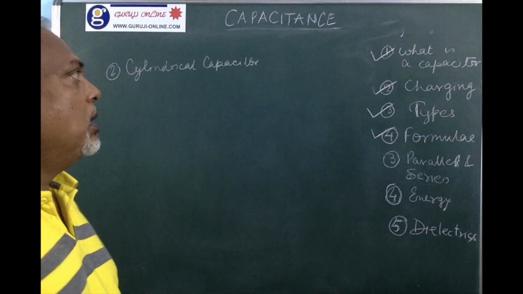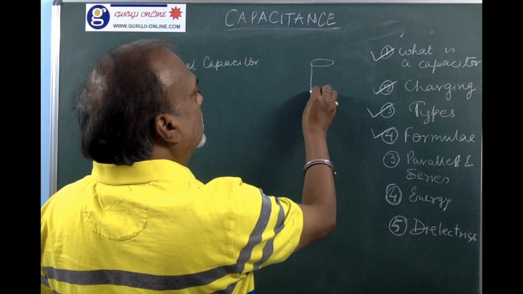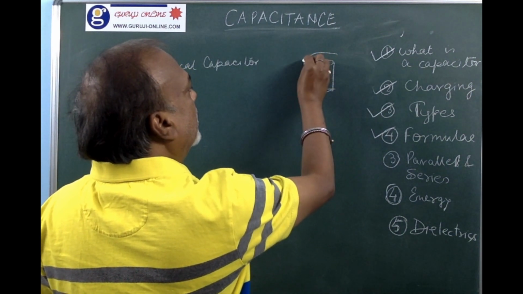So I told you a cylindrical capacitor is something like this. Inside, a cylinder is there, and outside, one more cylinder is there.